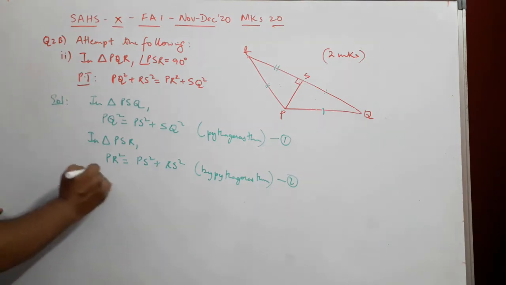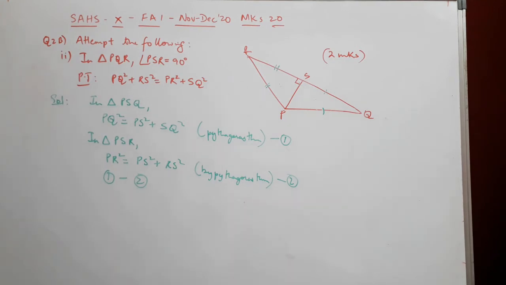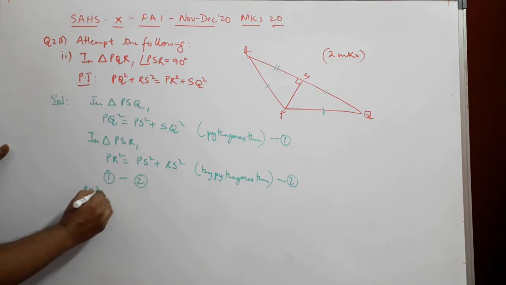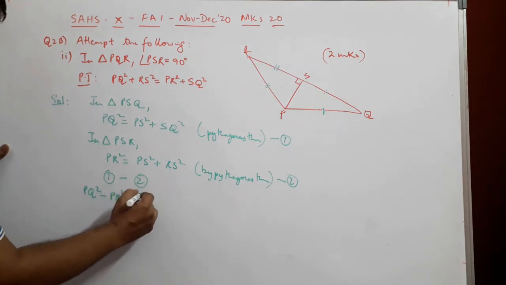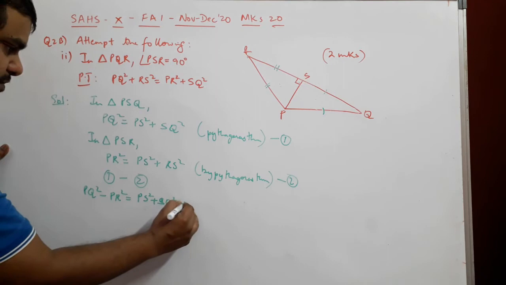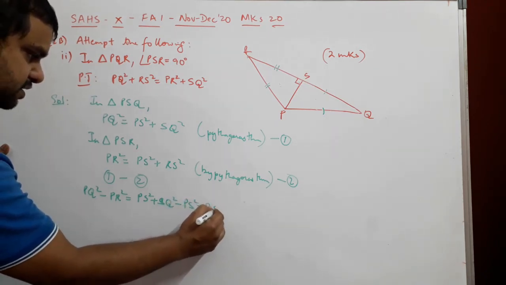Next what I'll do is I'll say 1 minus 2. So PQ square minus PR square will be equal to PS square plus SQ square minus PS square minus RS square.